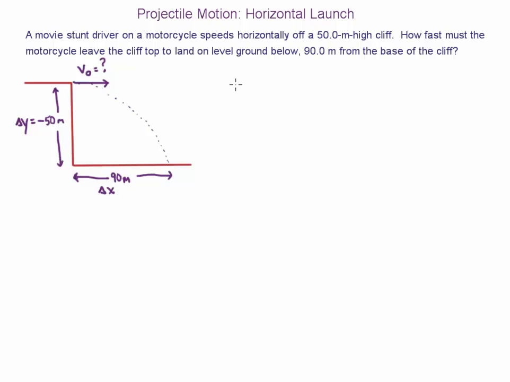Now, as far as our equations are concerned, in the conceptual video, they talked about how the horizontal motion and the vertical motion are not connected to one another. The horizontal motion is not accelerated, so we can take the definition of speed, velocity equals displacement over time. What I can do with this is write it in terms of delta x.